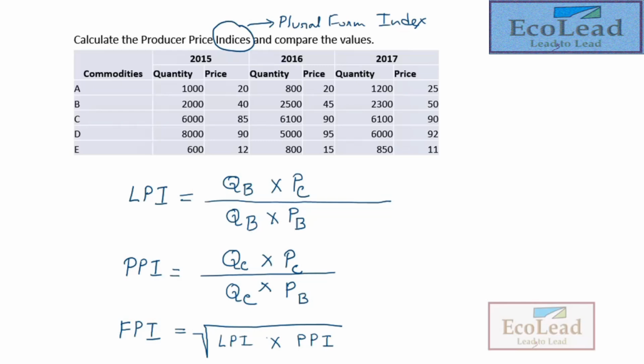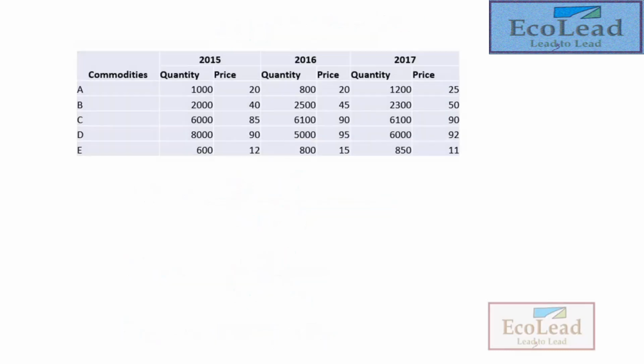Now let us calculate the last year's price index first, followed by the purchase price index and the Fisher's price index. To calculate the last year's price index, we need the price of current year, price of base year, as well as the quantity of the base year for the numerator as well as for the denominator.